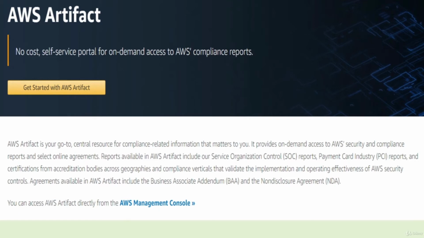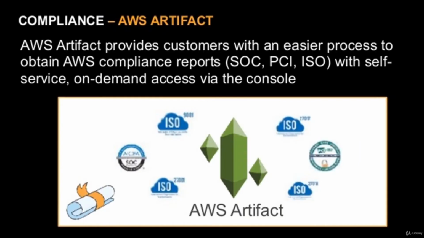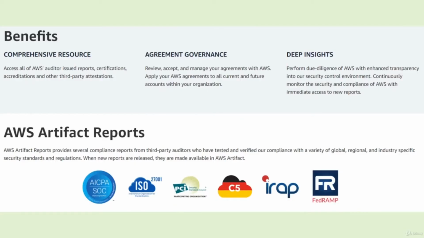You have Artifact directly from the management console where you can view different kinds of reports or documents. It provides a customer with easier access to obtain different reports, as well, based on different kinds of government or regulatory authorities, integrations and regulations.